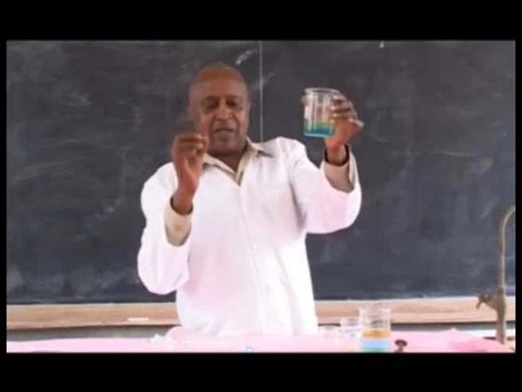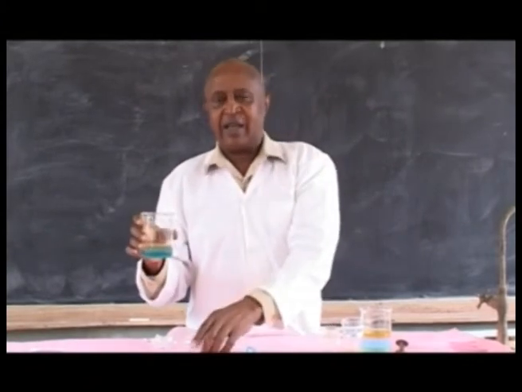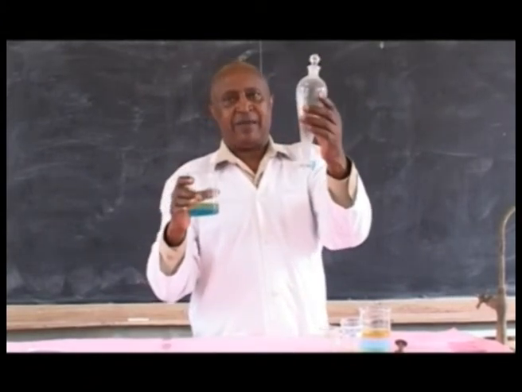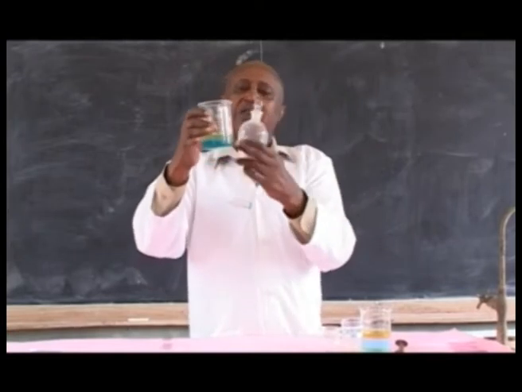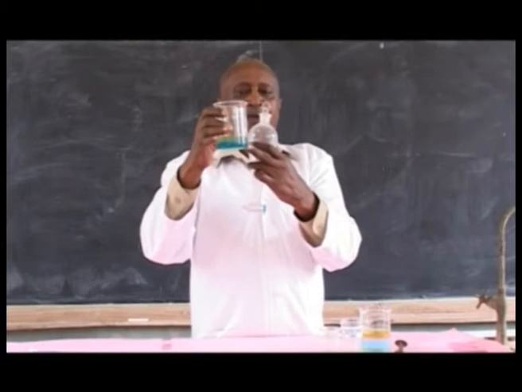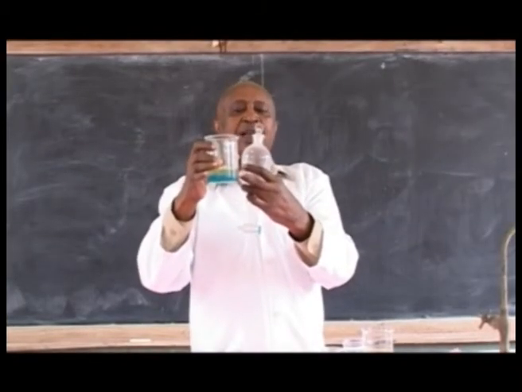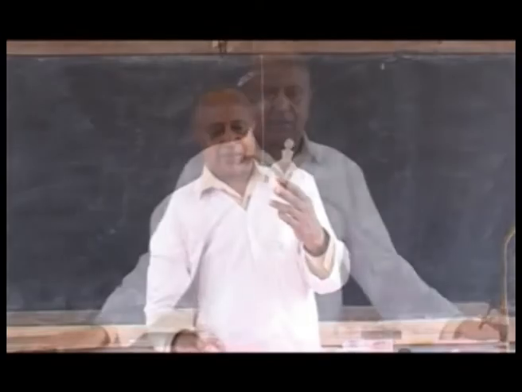Now, in this process, we shall try to separate them by using a separating funnel. We shall take out first the component of higher density and leave in the separating funnel that one of lower density.